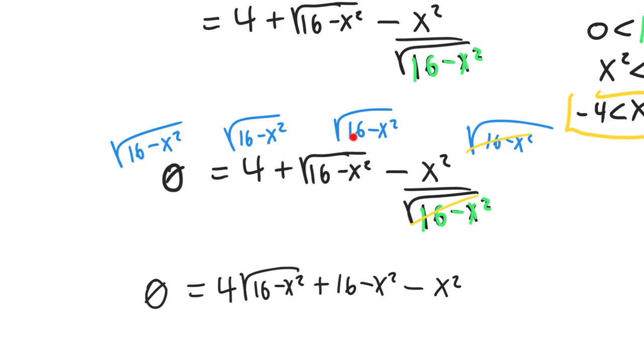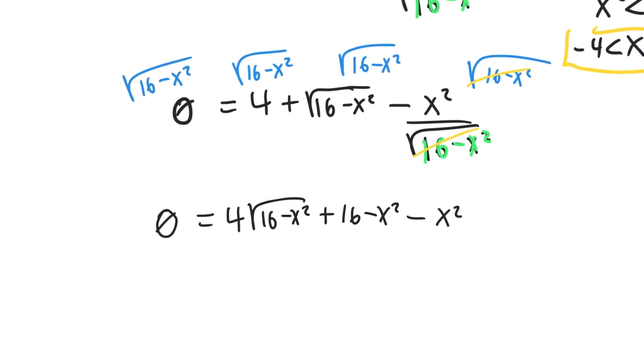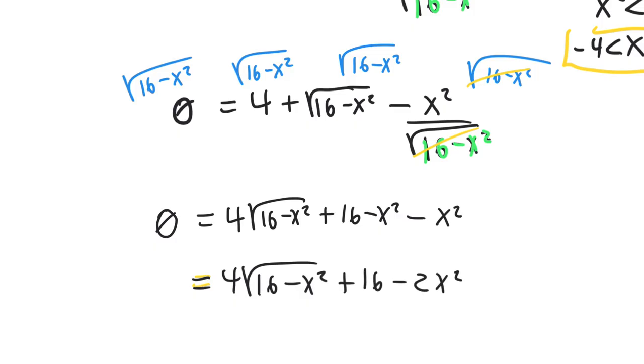Now, in case there's any question about this, the radicals would cancel, and then we have just 16 minus x squared left over. So then going further, we have 4 and that, and then we have plus 16 minus 2x squared.